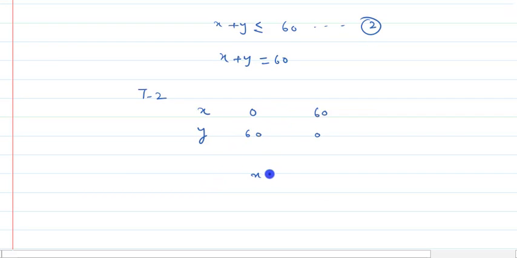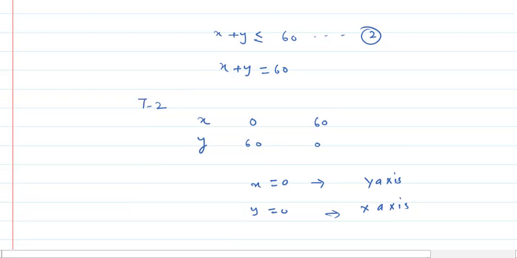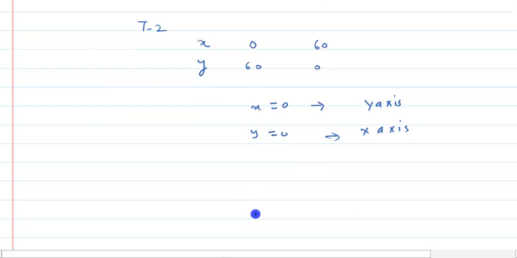As x greater than or equal to 0 and y greater than or equal to 0 simply mean this is the y-axis and this is the x-axis, there is no need to make a table for these two. Now let us draw the graph for these values. Here I have taken the y-axis and x-axis.